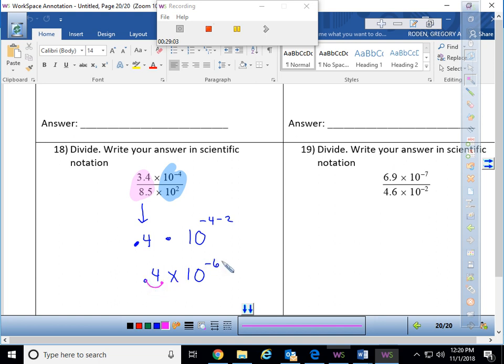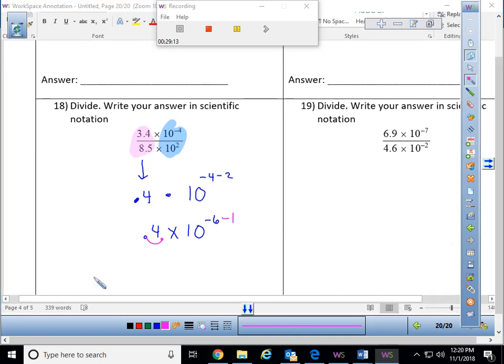Again, I have to subtract 1. When I move to the right, I've got to subtract 1. So what's the final answer here? Move this down. Our final answer is 4, or 4.0, but I'll just call it 4, times 10 to the, what's -6 minus 1? Yeah, that's -7.